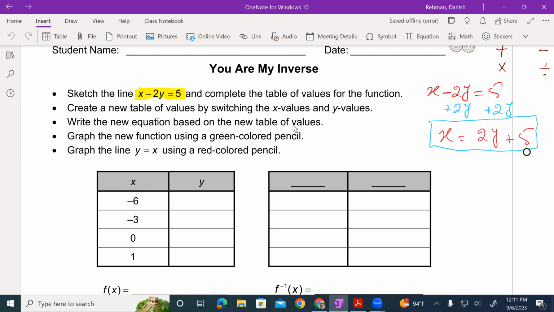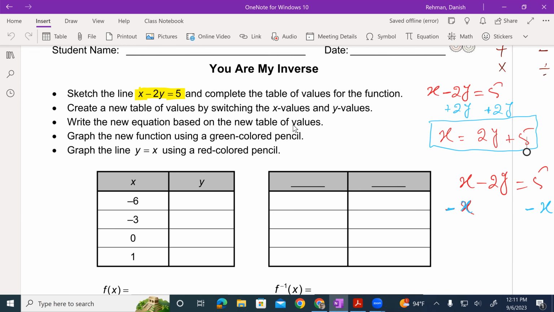Now let's do that set of steps. Look at this. Now we'll write the same function again. x minus 2y equals 5. And now instead of adding 2y, we can proceed in this way. I will be subtracting x on both sides. x was being added over there, so I subtracted x on both sides.